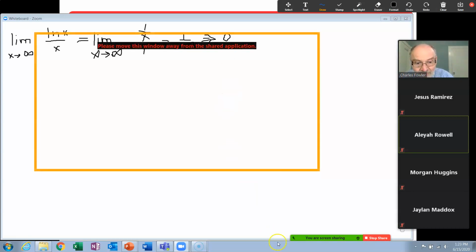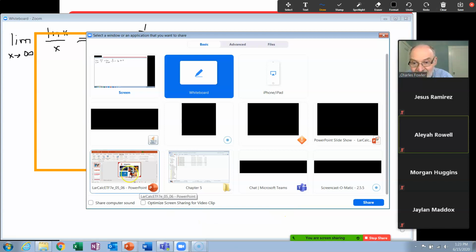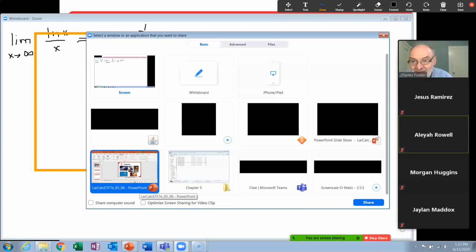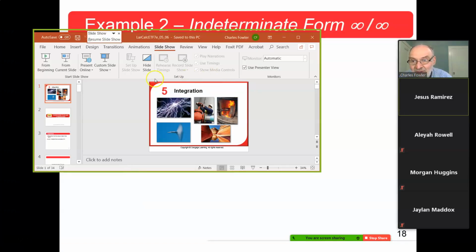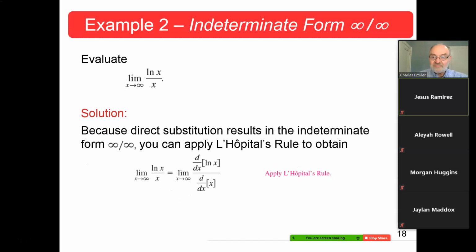All right, to go back to it. Let's see how the book does it. Direct substitution, plug them in, you get infinity over infinity.